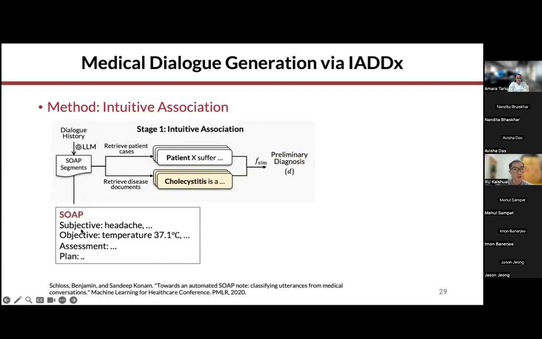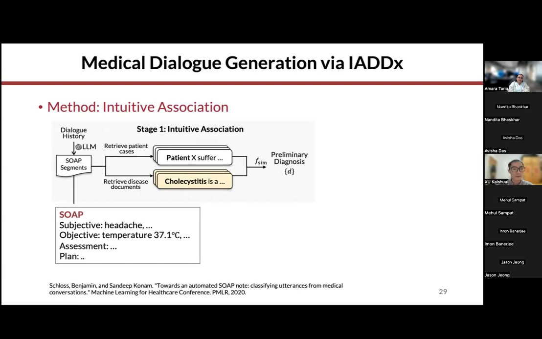For example, it includes subjective information, objective information, assessment, and plan. We use an LLM to extract this information, and this information is used to retrieve from the patient cases corpus and the disease documents. This retrieval can quickly generate a preliminary diagnosis list.